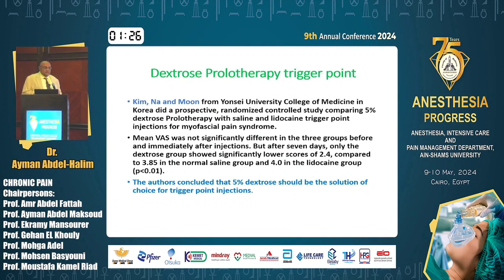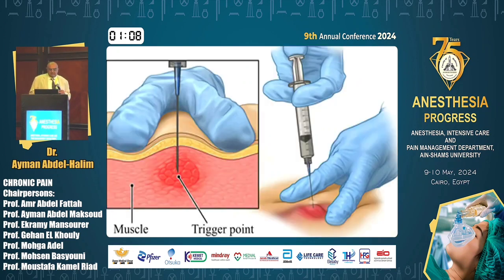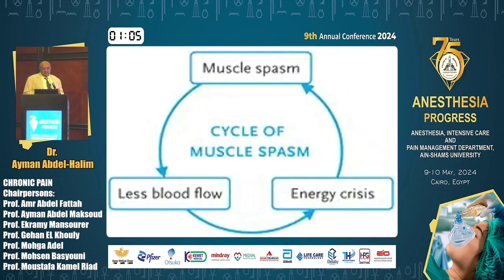I do this a lot in patients that have neurologic issues like multiple sclerosis, where I don't want to use local anesthetics. So I prefer dextrose. And it was actually found to be more useful than lidocaine and saline, according to this study here. Okay, trigger points, you basically break the spasm here.